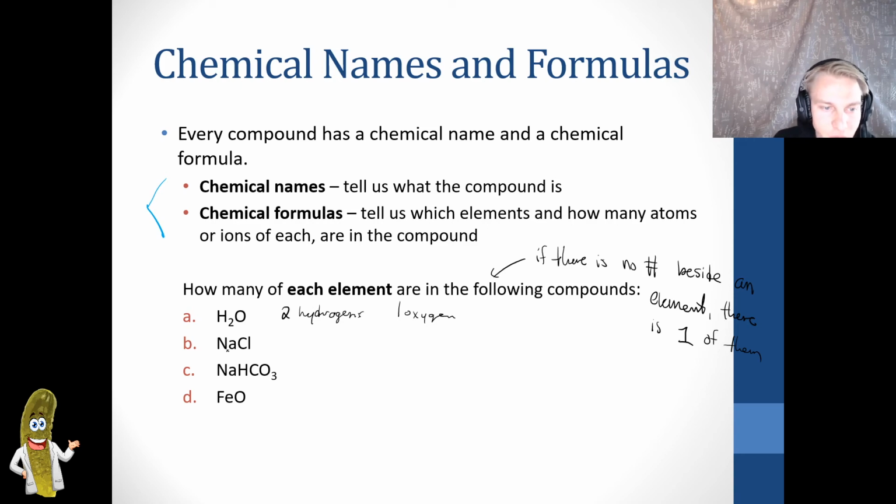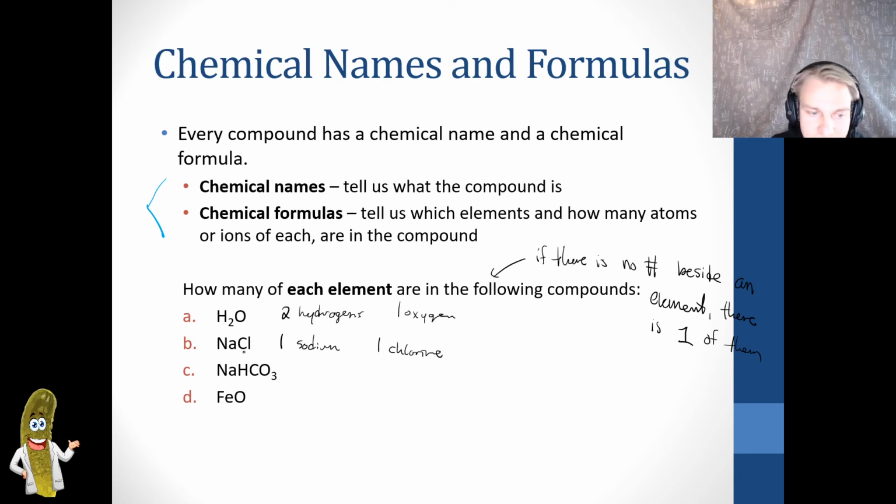When we look at sodium chloride here, NaCl, we would say there's no number down here at all. And so I know that because there's no number down there beside them, I have 1 of each of them. And so for this one, I would say I have 1 sodium, and I would say I have 1 chlorine.